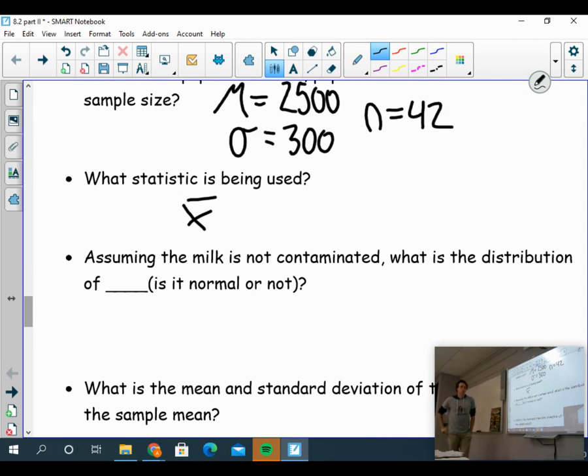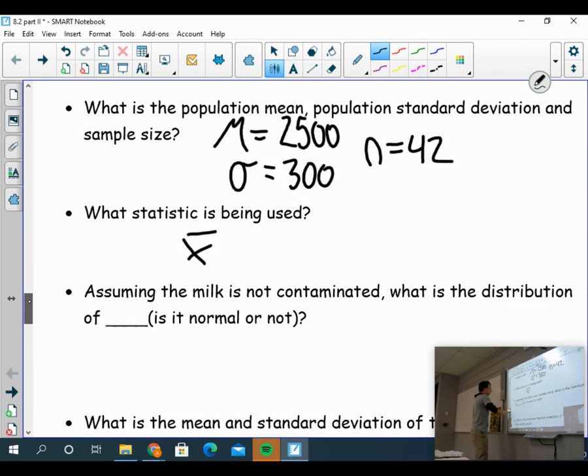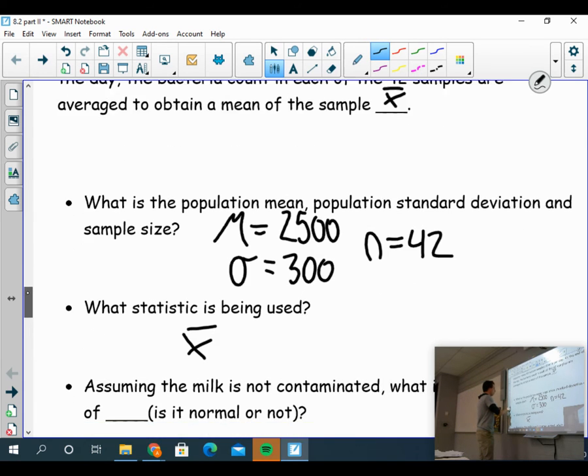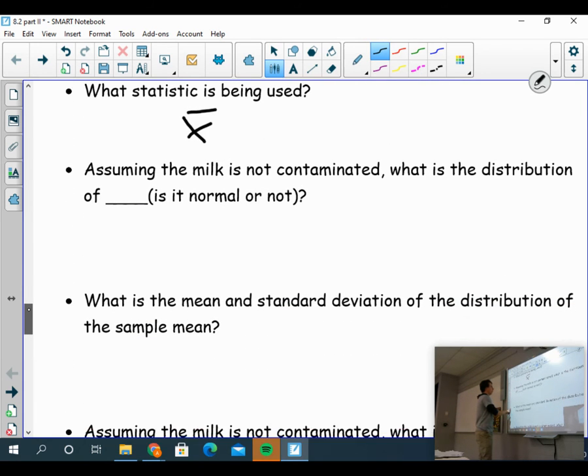So the statistic we're using is X bar. In the 42 samples, we are finding the average bacteria count. We can gather that from the last sentence: 42 samples are averaged to obtain a mean of a sample, X bar.